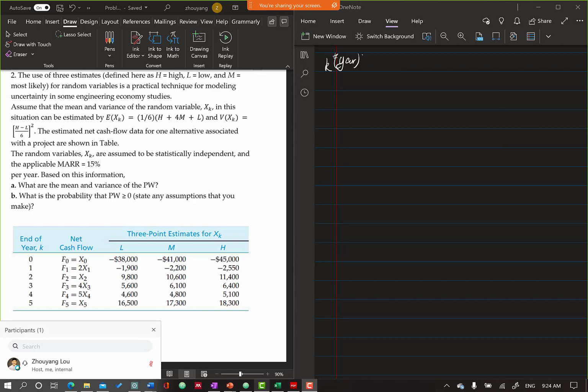We first calculate the expectation of xk, the 3-point estimates, then we calculate the expectation of the cash flow fk, and then we take the present worth of that.